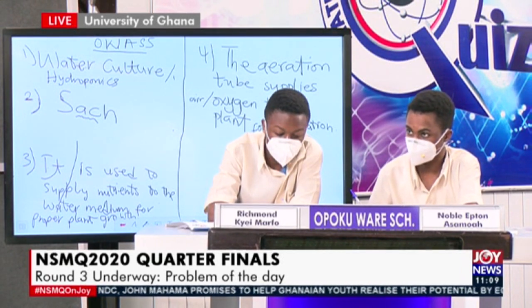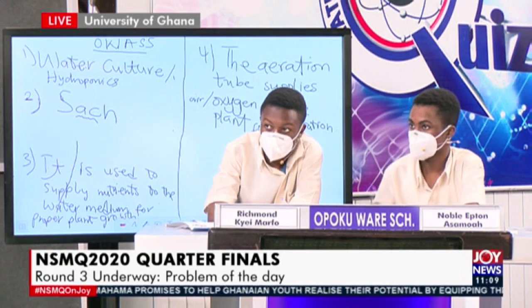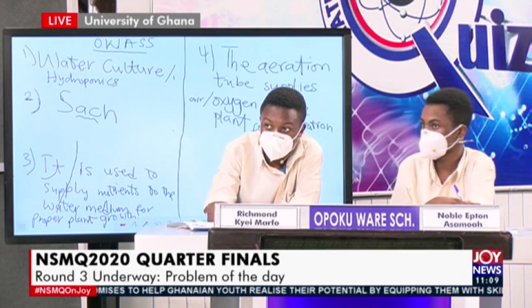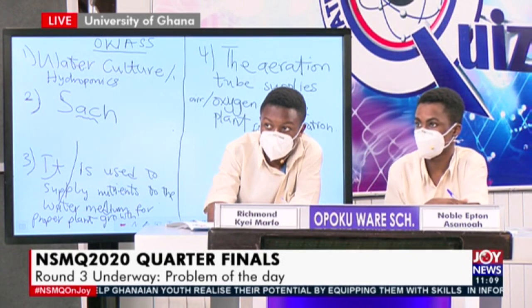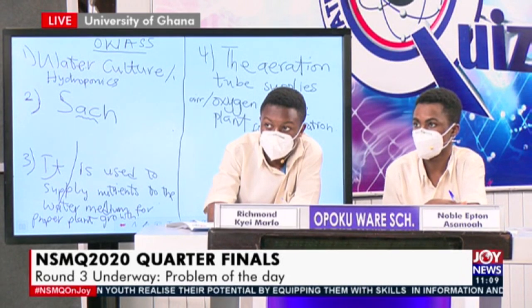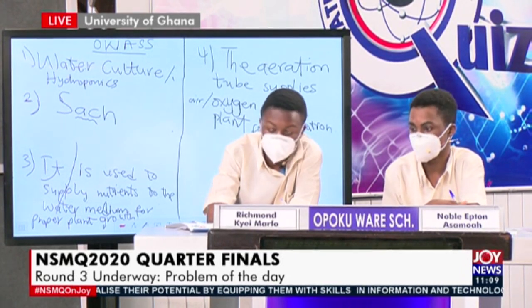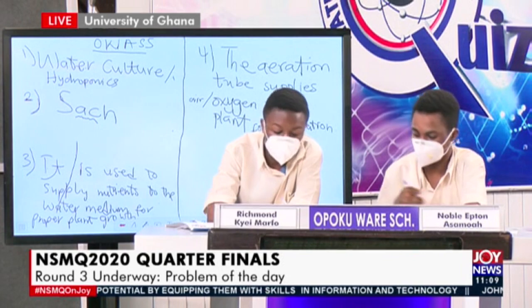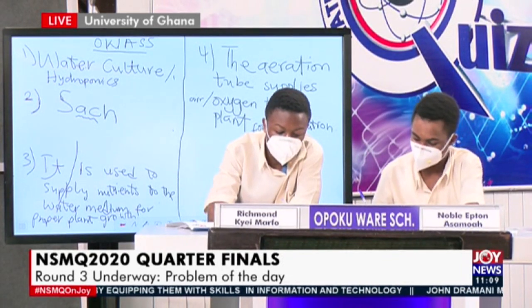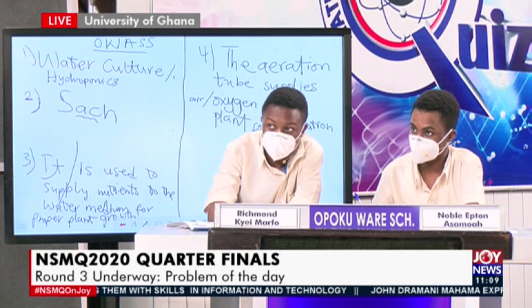And then your last one, oxygen to the plant for respiration. You see, I needed to hear something about roots, right? It's needed really for the roots. I'm giving you 1 for that. And so that gives you a total of 7 out of 10.